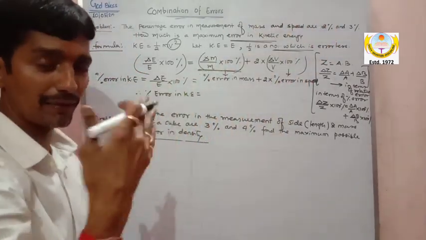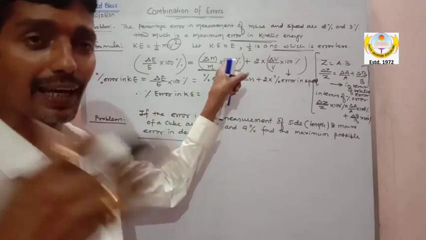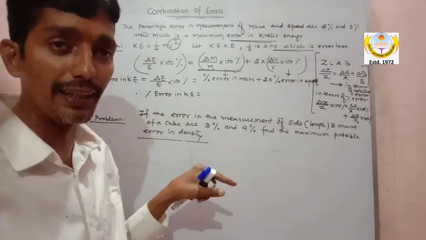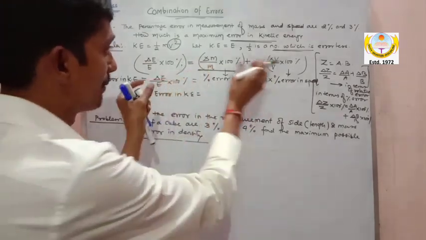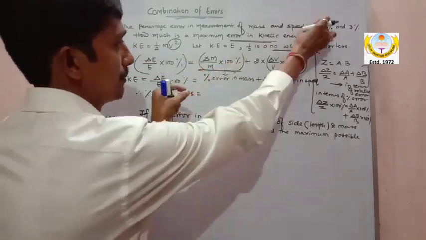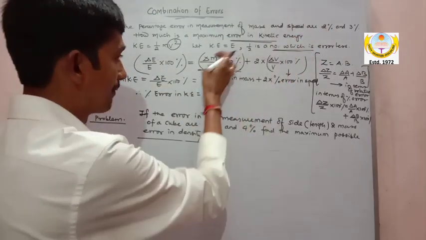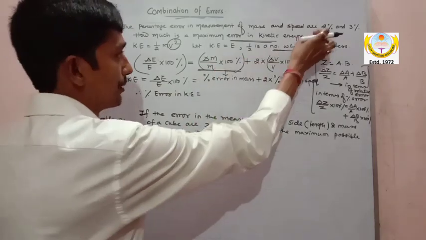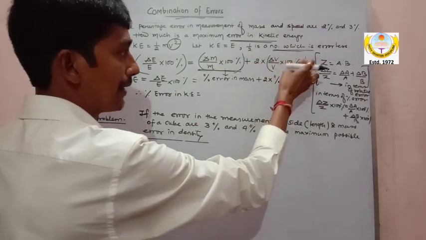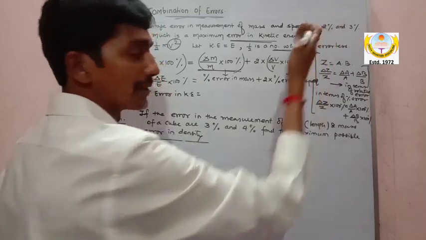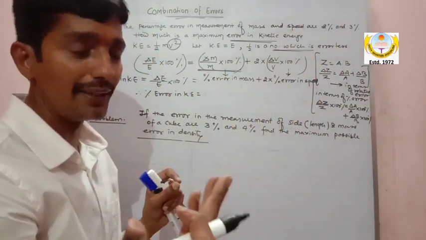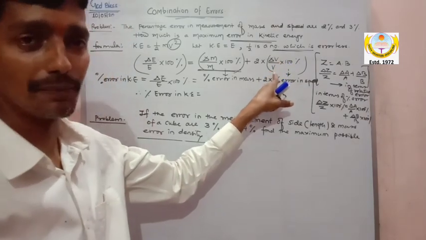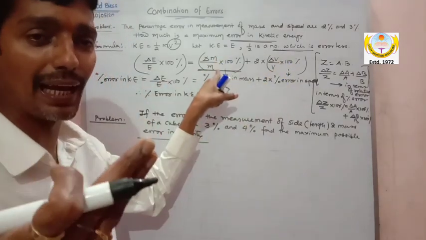Now, my dears, look at the variety of questions. Here they have not mentioned the error in mass and the true value of mass for substituting, as I have done in earlier numericals. Here they have directly given the percentage error in mass. So delta m by m into 100% total answer they have given is 2%, and delta v by v into 100% is given as 3%. But in some sums they give delta v and delta m separately.